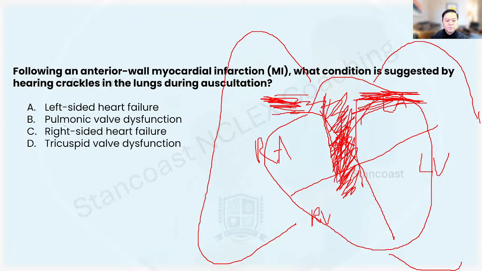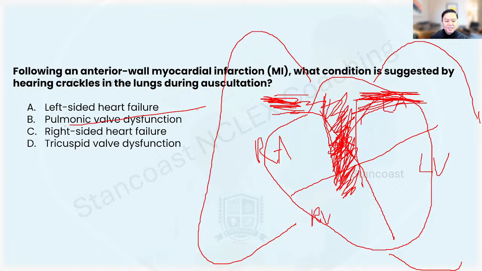Okay. Again, there is that valve, the pulmonic valve, that is found here in order to prevent the backflow in a normally functioning person, right? If we are answering letter B, pulmonic valve dysfunction, then if there is a problem in the pulmonary valve, it can lead to pulmonary hypertension, but it does not typically cause crackles, okay?